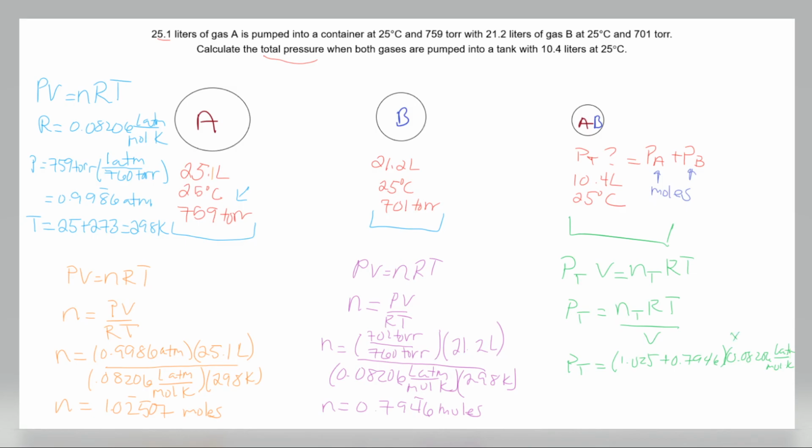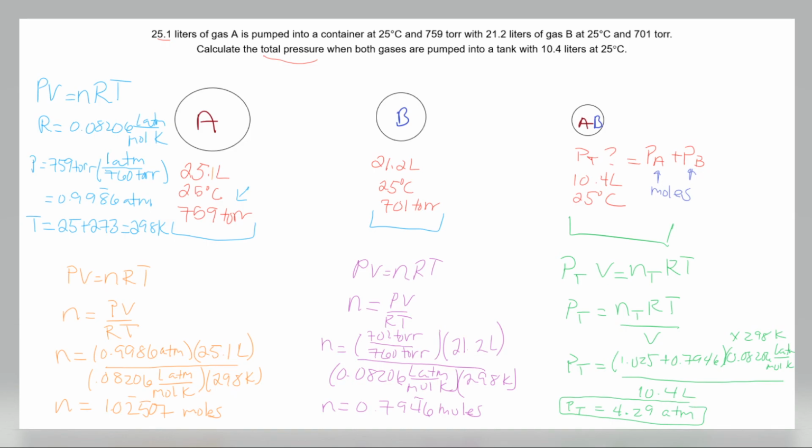We're also multiplying by 298 on the top, and then we're dividing by the volume, which was 10.4 liters. So total pressure I ended up getting to be 4.29 atmospheres. Okay, right? So when you get your total moles, you can figure out your total pressure.